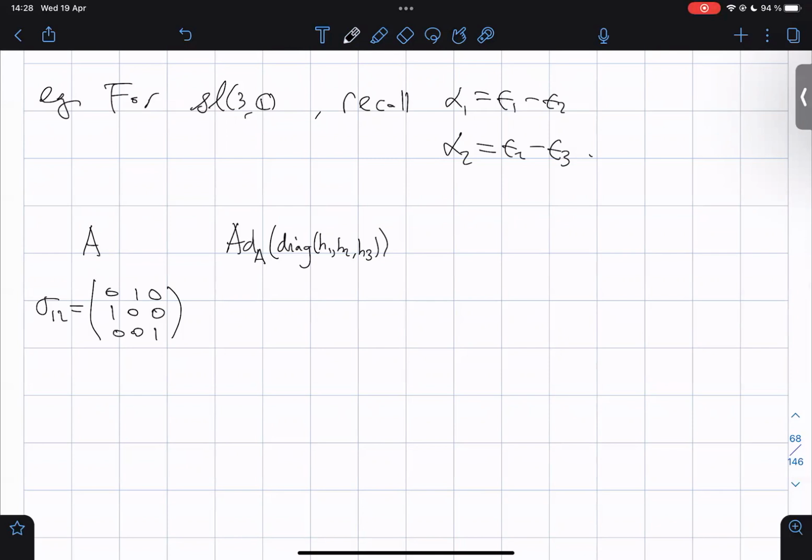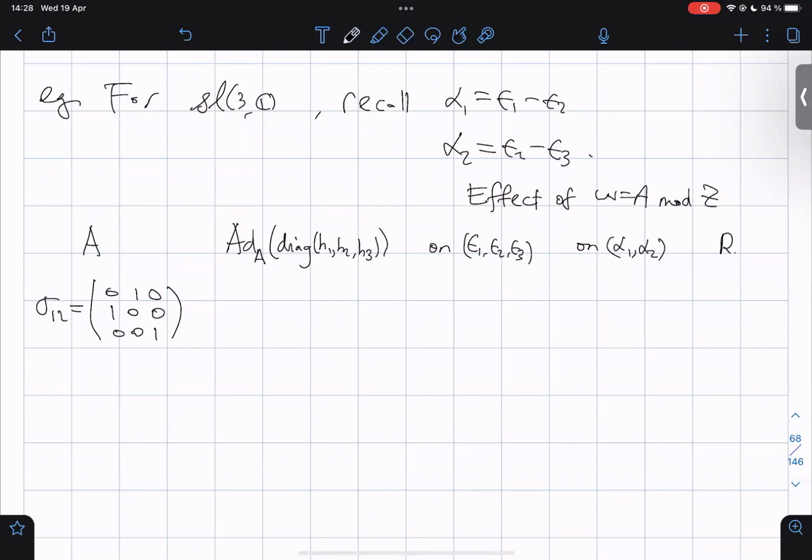Next, we'll look at the effect of W, which is A mod Z. So first of all, on epsilon 1, epsilon 2, epsilon 3, and next on alpha 1 and alpha 2.